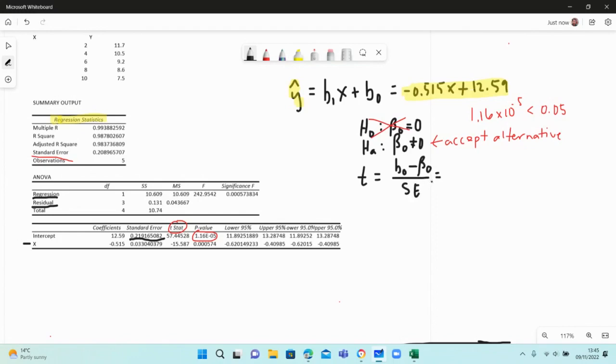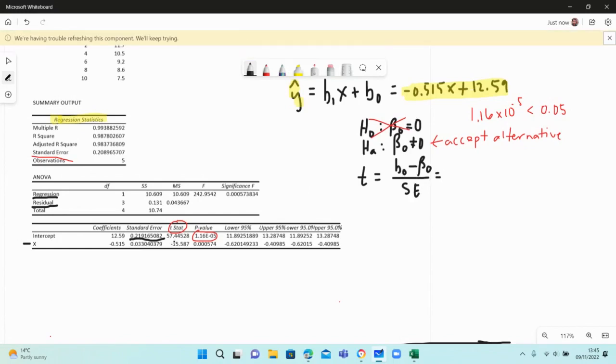Under the assumption of the null hypothesis, our beta naught is equal to 0, and our B0 is what was computed here.